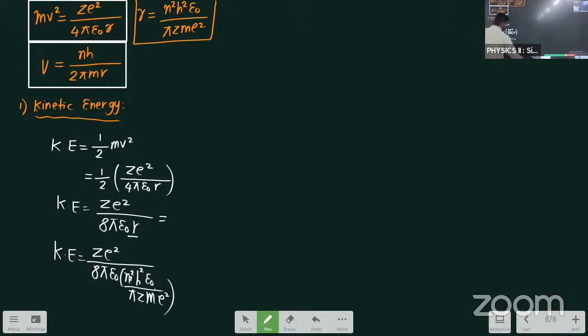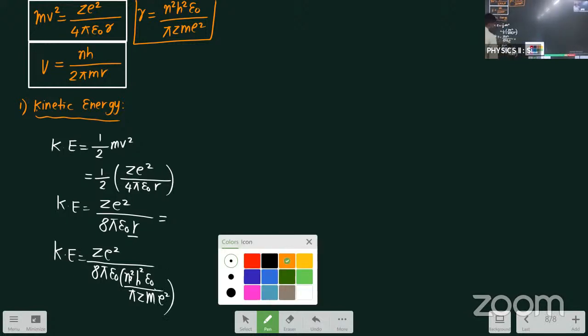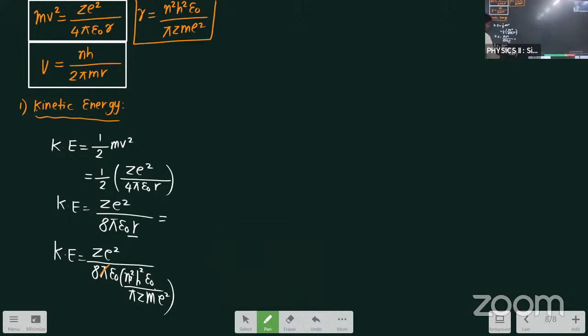What are the things that are getting cancelled here? See here, this pi and this pi are getting cancelled. So finally, this z will go to the numerator, this m will go to the numerator, and this e square will also go to the numerator.